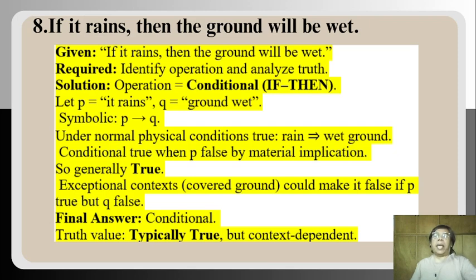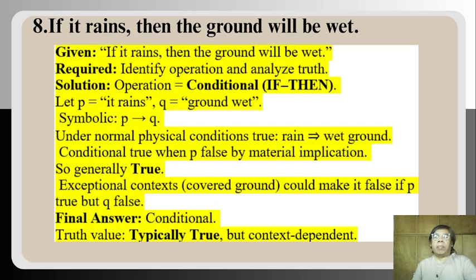Number 8. If it rains, then the ground will be wet. We're given: if it rains, then the ground will be wet. Required: identify the operation and analyze truth. Solution: the operation is conditional, if-then. Let P be it rains, and Q ground wet.